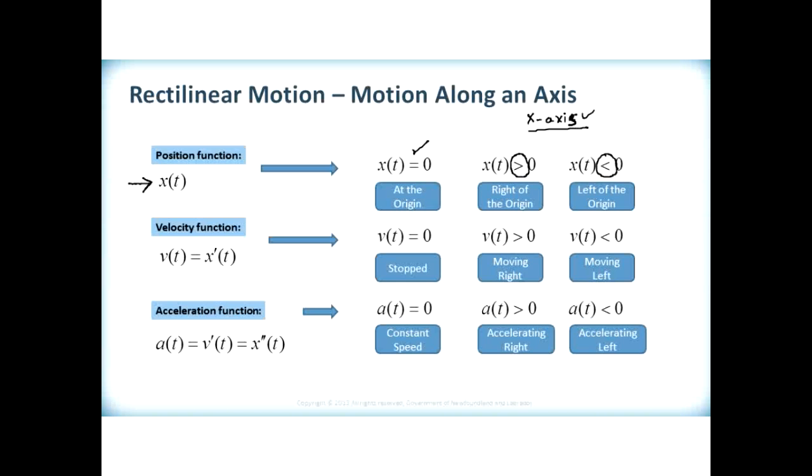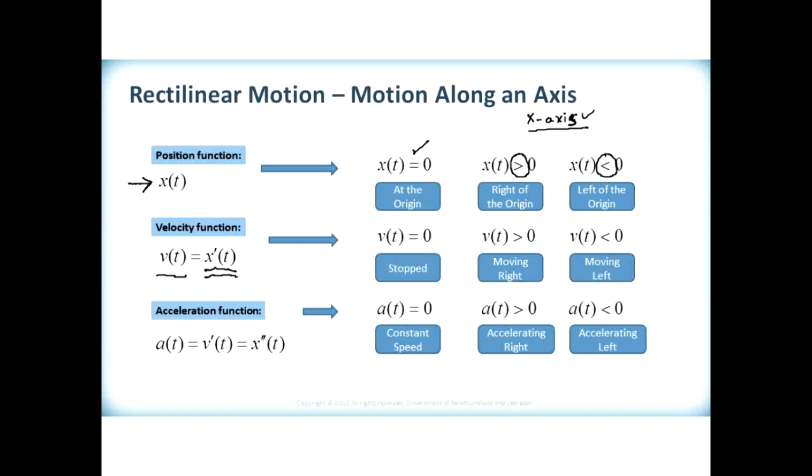Now comes the rate of change question that has to deal with this stuff. We often consider the rate of change of our position, or the derivative of position as a function of time with respect to time, is what we call the velocity. So velocity tells us how fast our position is changing.